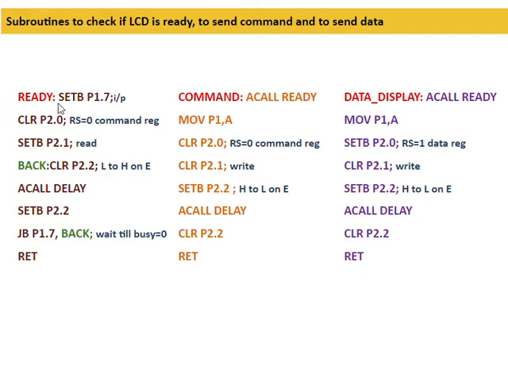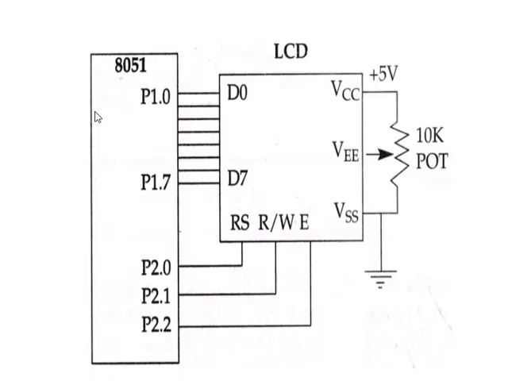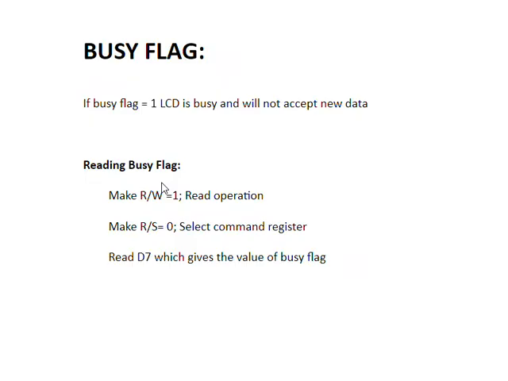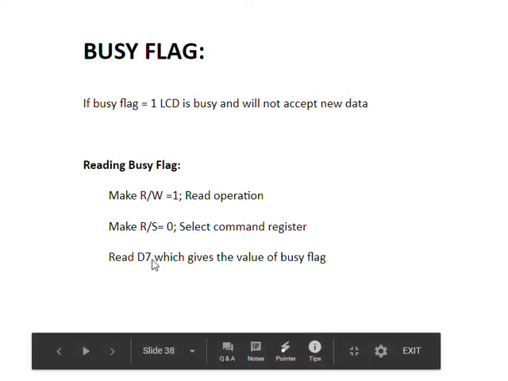It is named ready. This is the subroutine that will check whether the LCD is ready or not before sending a command or data. So the first step is to configure P1.7 as the input port. If you look at the interfacing diagram, you can see that D7 is connected to P1.7, and when we learned about the busy flag, we saw that we should read D7, which gives the value of the busy flag.